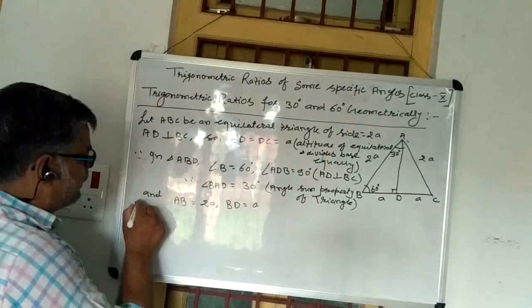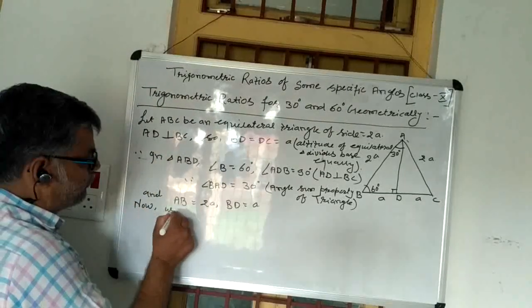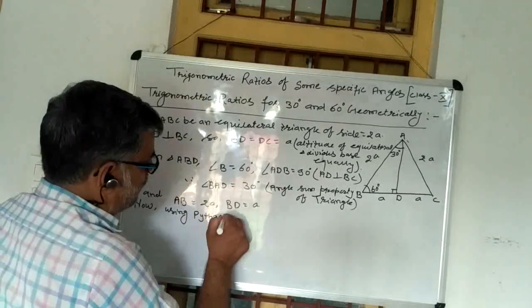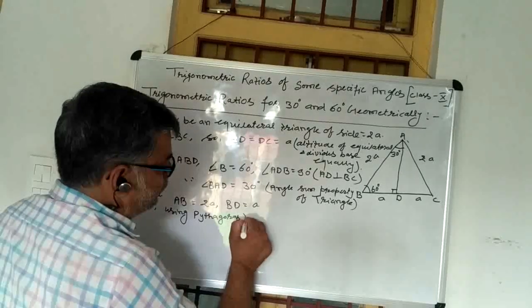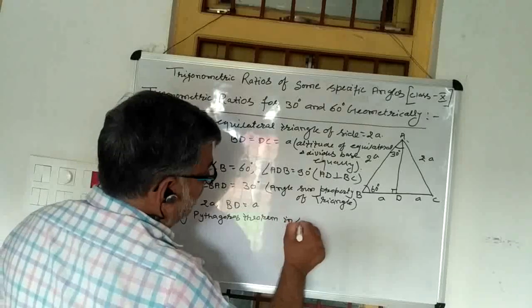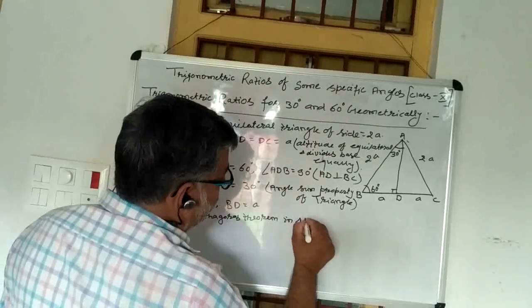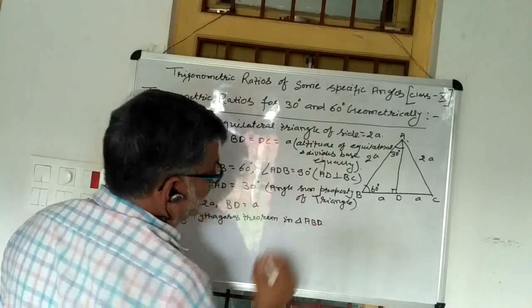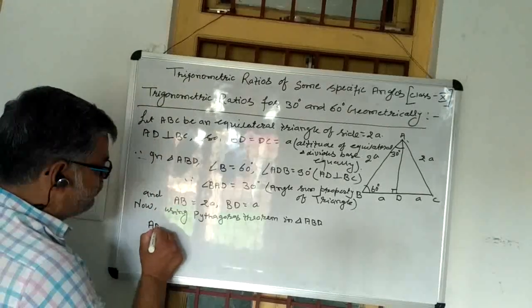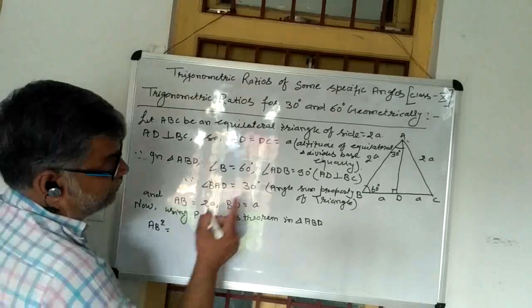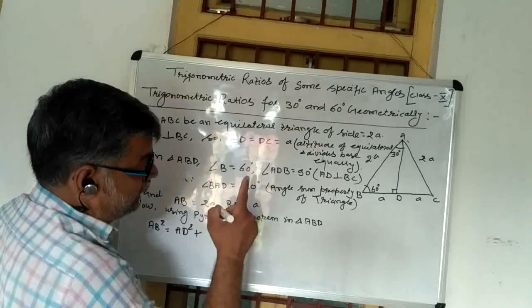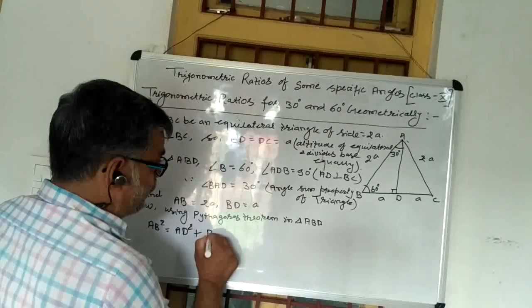Now using Pythagoras theorem in triangle ABD, AB square equals AD square plus BD square.